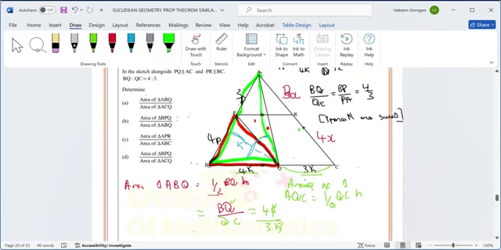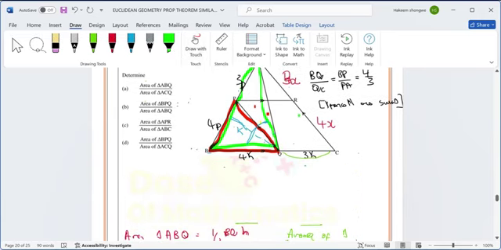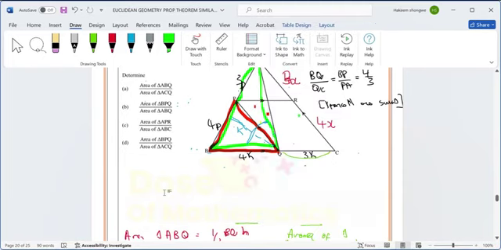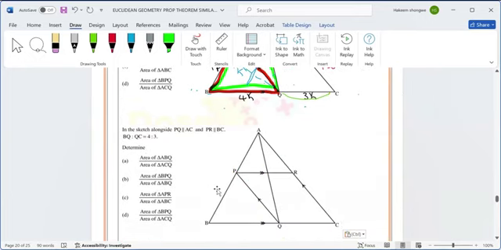Now let me take out the triangle, because if I could turn this triangle around, you will see what I'm talking about. Let's try to cut it and copy it so that you'll see what I'm talking about. Copy.